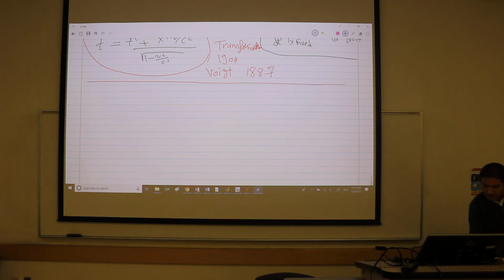And I have here to mention a very important thing in 1908 by Minkowski, who was actually a teacher of Einstein, teaching him mathematics, and used to call him a lazy student. So right after this, Minkowski did a very important work on the geometry of the Lorentz transformation itself.